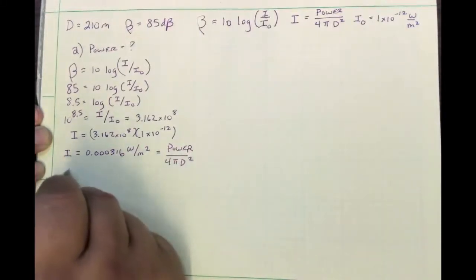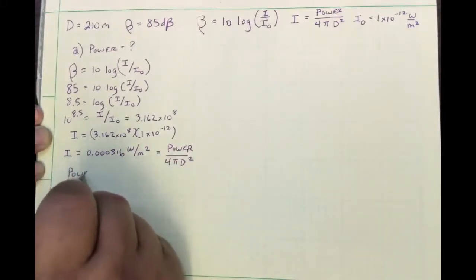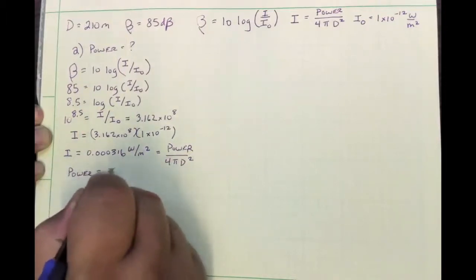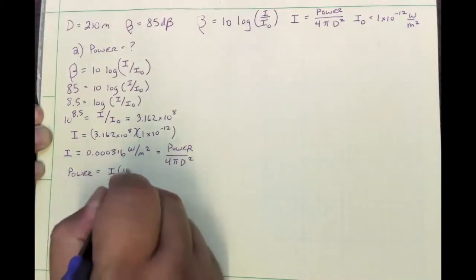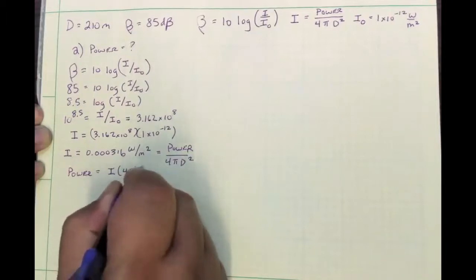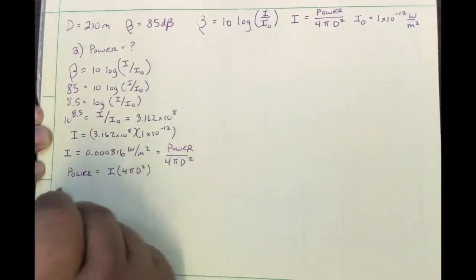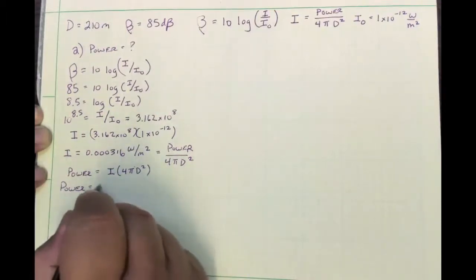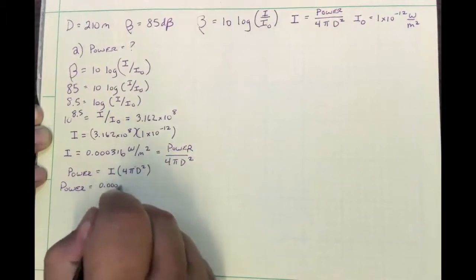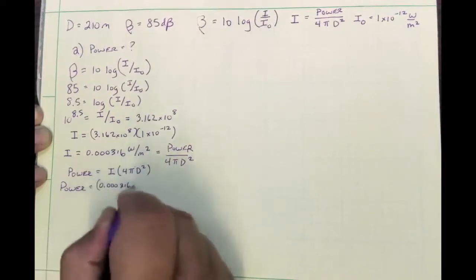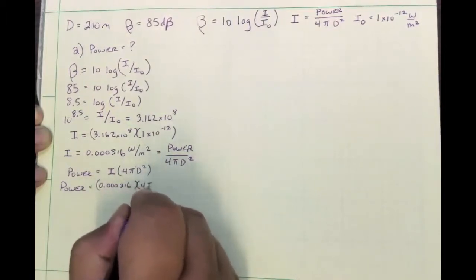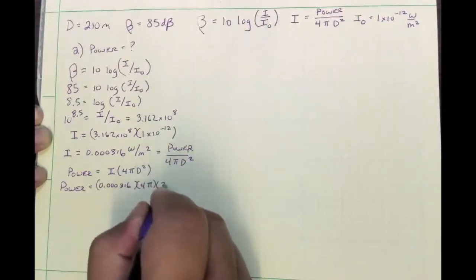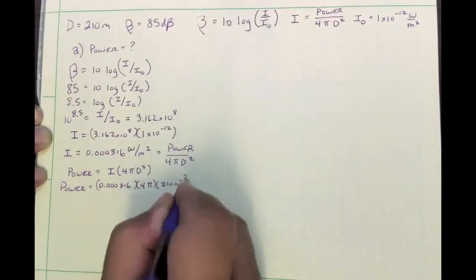Solving this equation for power, we get that power is intensity multiplied by 4 pi times the distance squared. In our case, that means that power is 0.000316 times 4 pi times 210 meters squared.